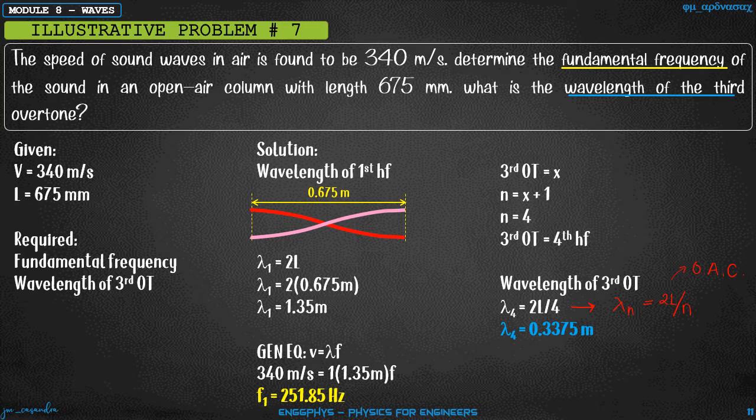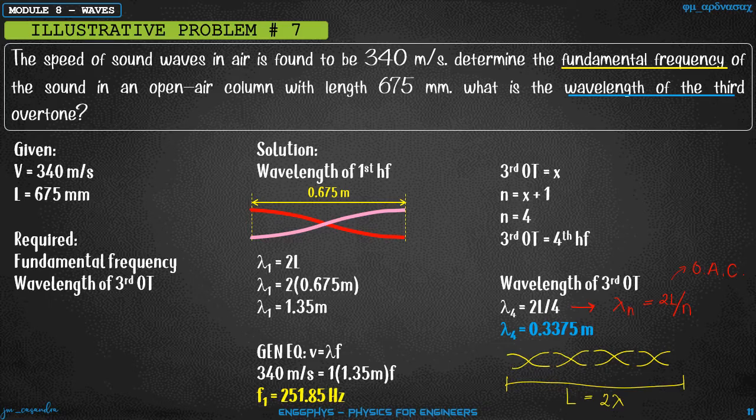Okay? So when we rely on the diagram, we need 4 fundamentals. So we need 1, 2, 3, 4. So if this is our length, how many wavelengths can you see? We have 1, 2. So we have 2 wavelengths.